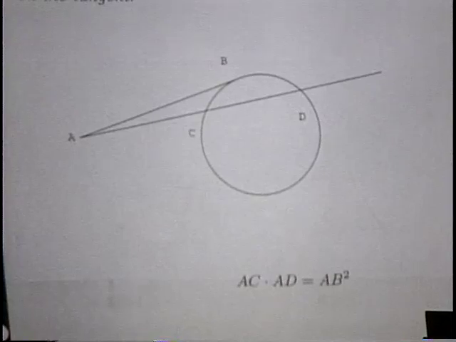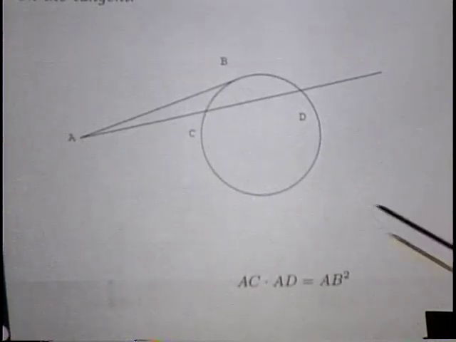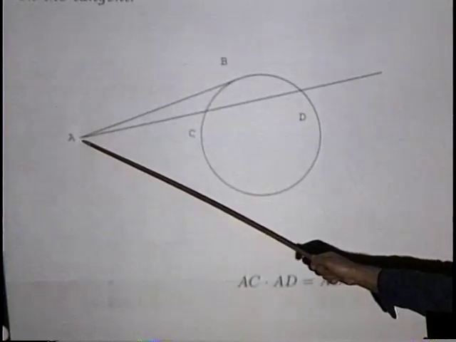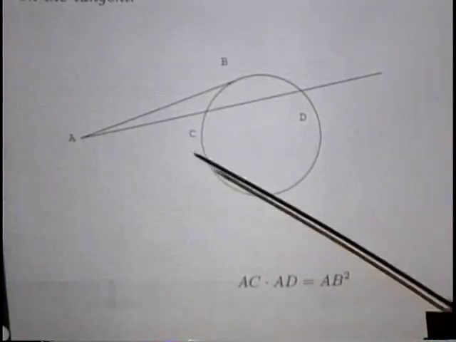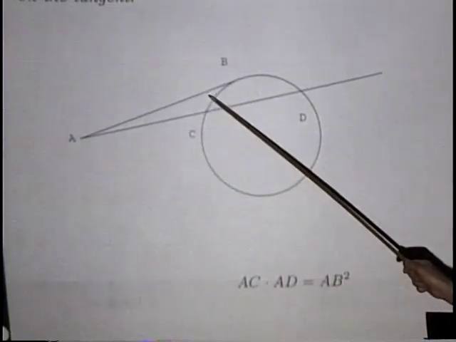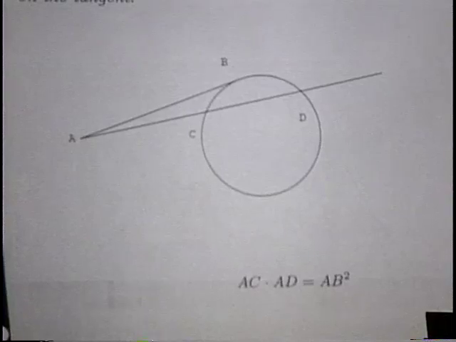The rectangle contained by the whole of the straight line which cuts the circle, the whole of the straight line which cuts the circle goes from A to D, and the straight line intercepted on it outside between the point and the convex circumference, that's this part, will be equal to the square on the tangent.